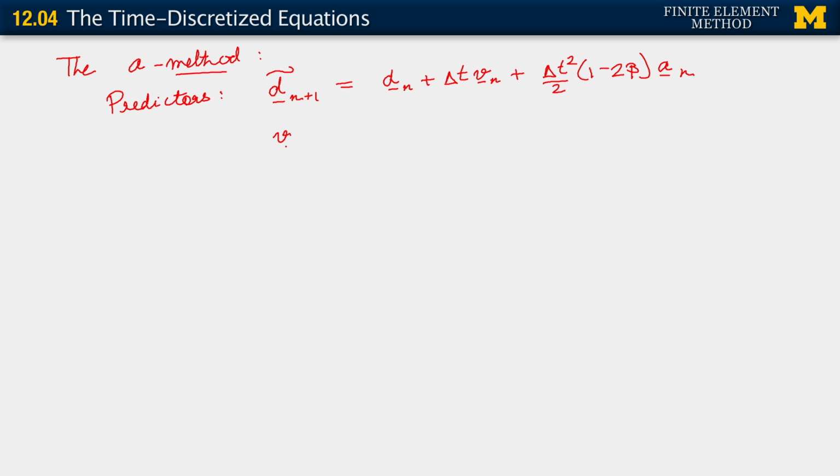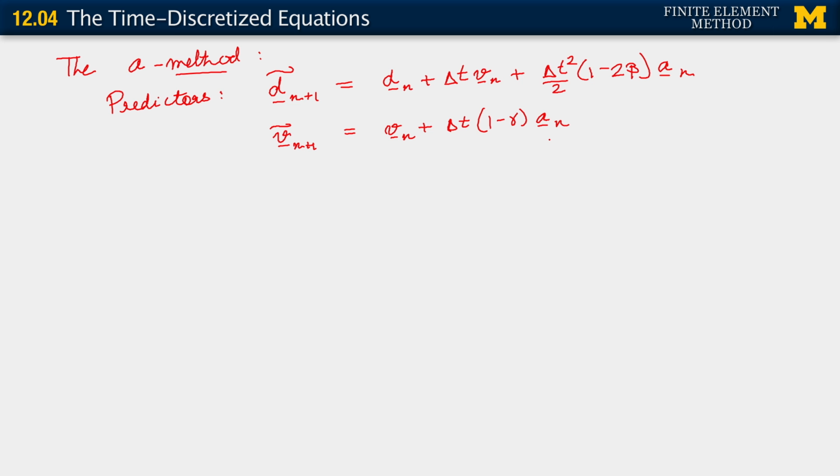The predictor for v is v n plus delta t, I don't need anything in the denominator, it's just delta t times 1 minus gamma a n.